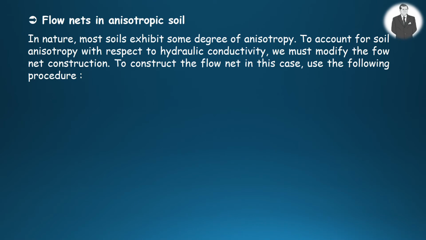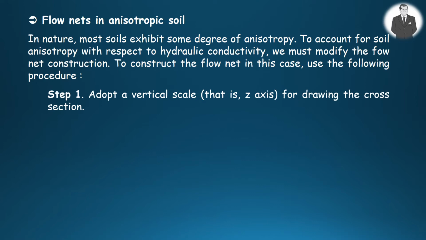In nature, most soils display some degree of anisotropy. To take account of soil anisotropy regarding hydraulic conductivity, we must adjust the flow net construction. To sketch the flow net in this case, the following procedures are needed. In step 1, a vertical scale for drawing the cross-section is chosen.